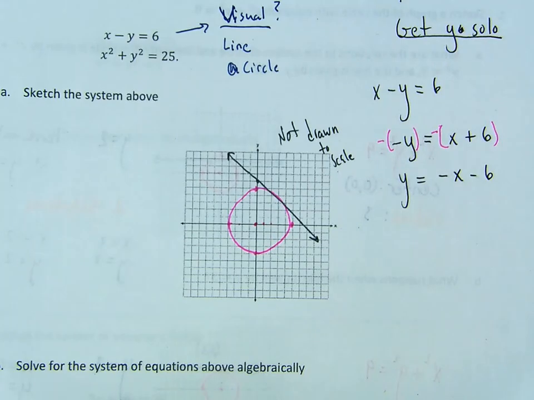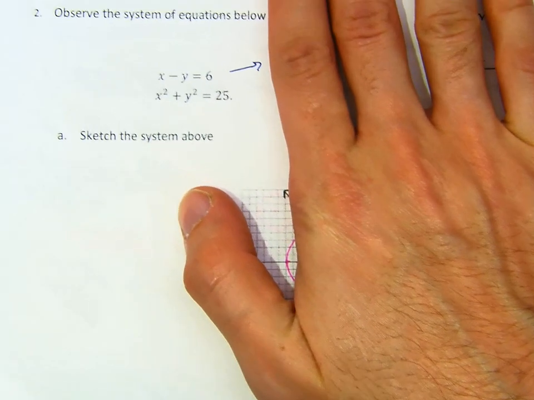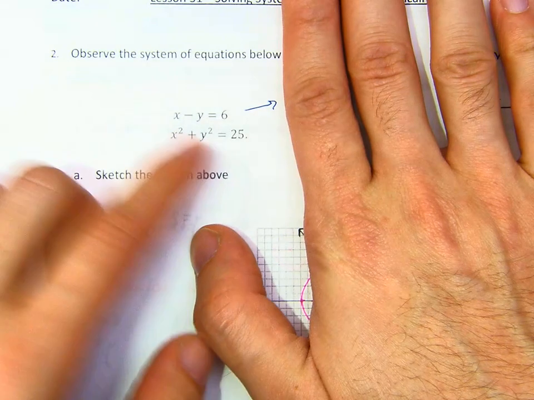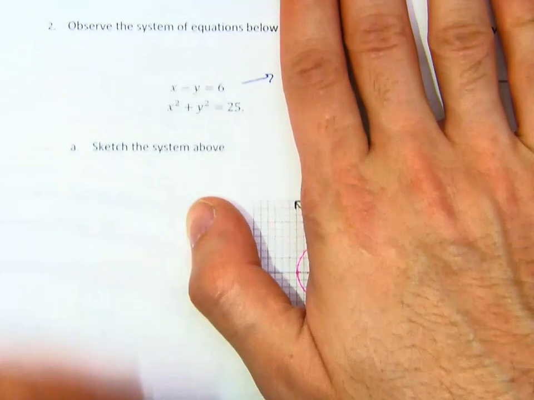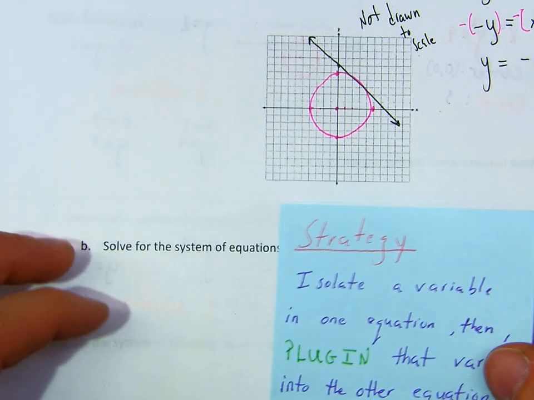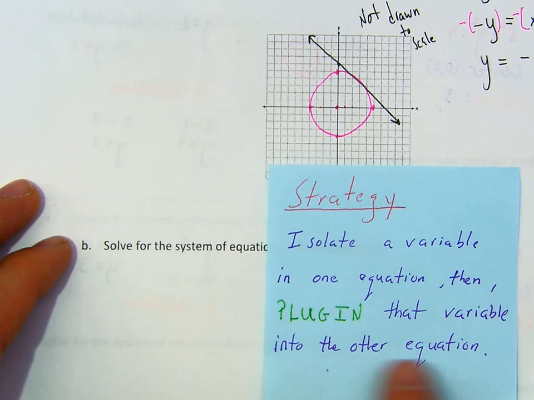So the general idea is, let's say we don't know anything about the pictures, and I just said, hey, what does x equal, what does y equal, if there is a solution? How could you actually solve this? The general strategy is to isolate a variable in one equation, then plug that variable into the other equation.